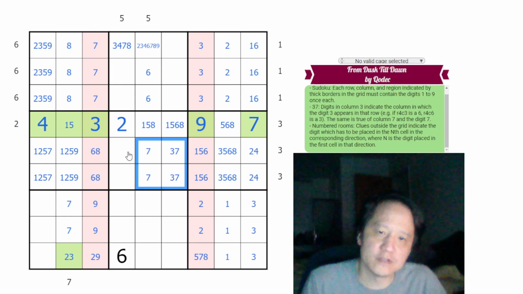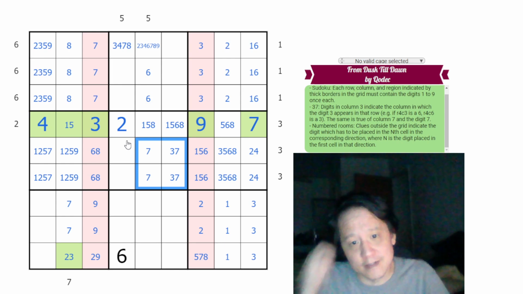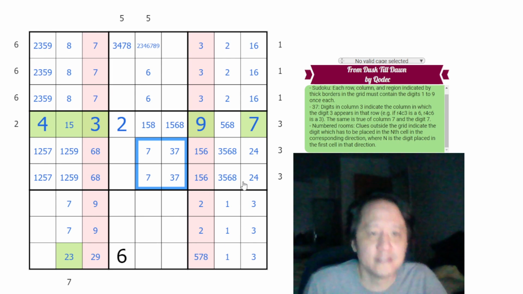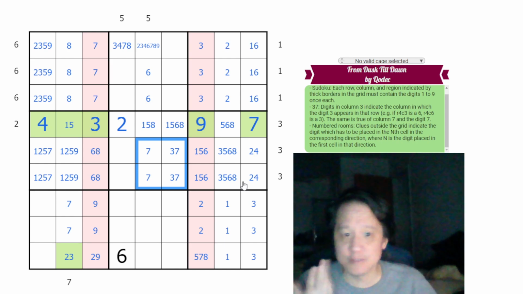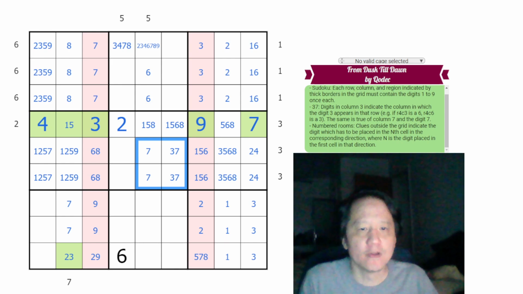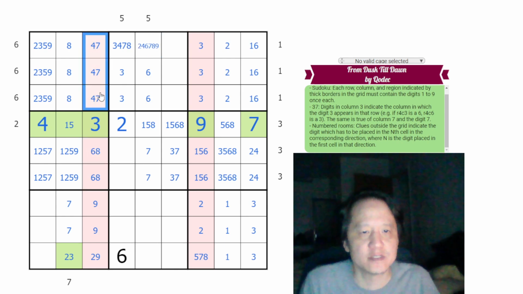I don't know if this tells us anything. I mean, this seems reasonable. This is 6. So we know this is 4. So this would have to be 3. So this cannot be 3. Right, this has to be 6. This has to be 4.